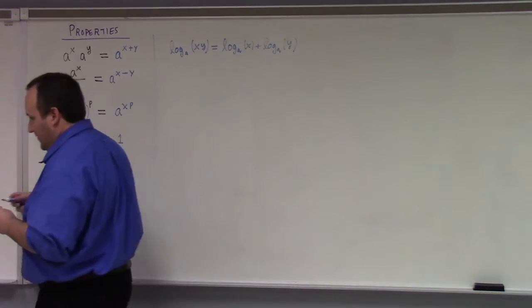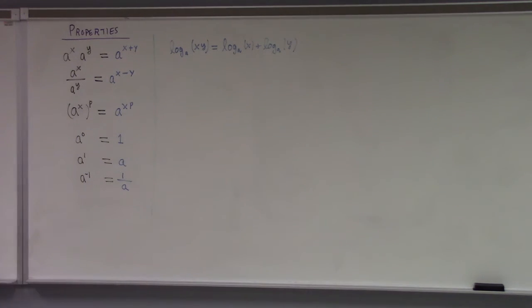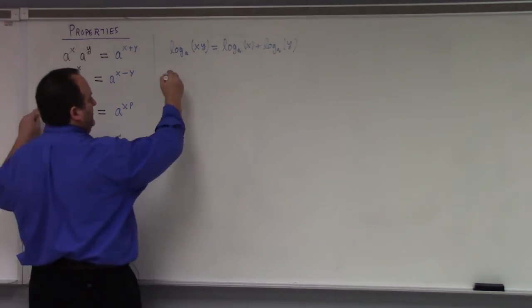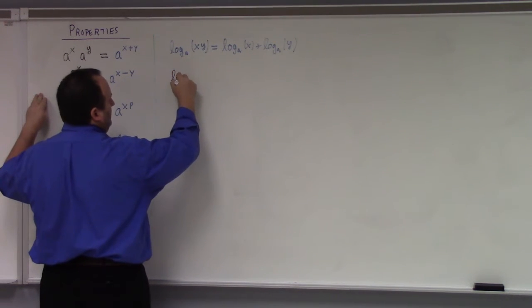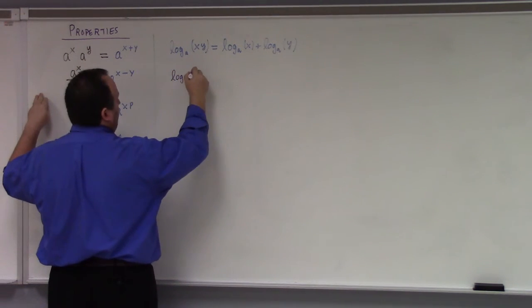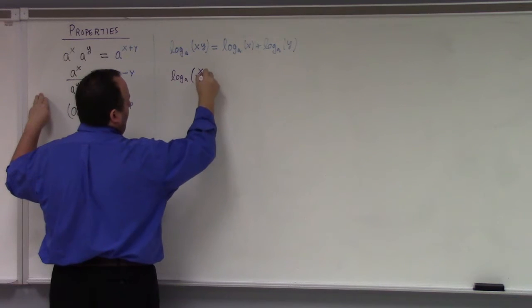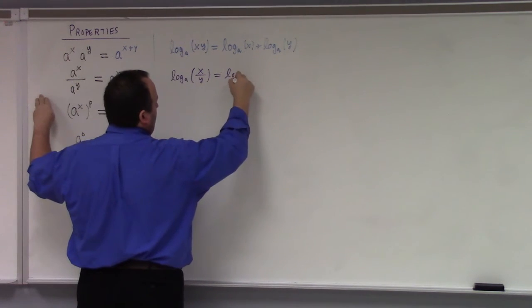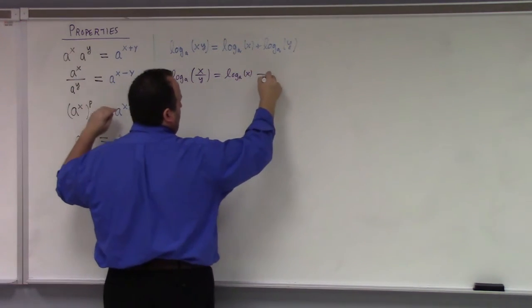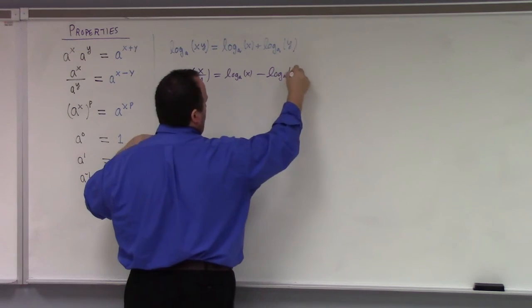So one of the properties of the logarithm is that the log of a product is the sum of the logs, which is actually a big deal, because that means we can trade multiplication for addition with logarithms. That is an incredible simplification, really. Also, for a quotient, log base a of x over y is log base a of x minus log base a of y.